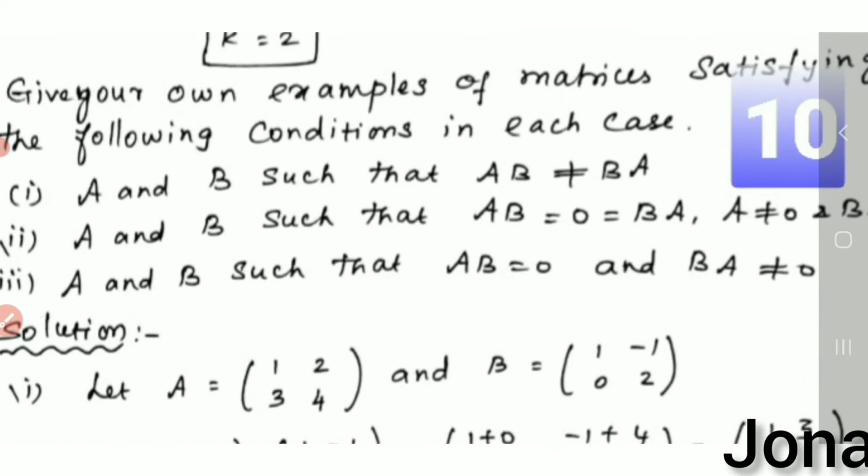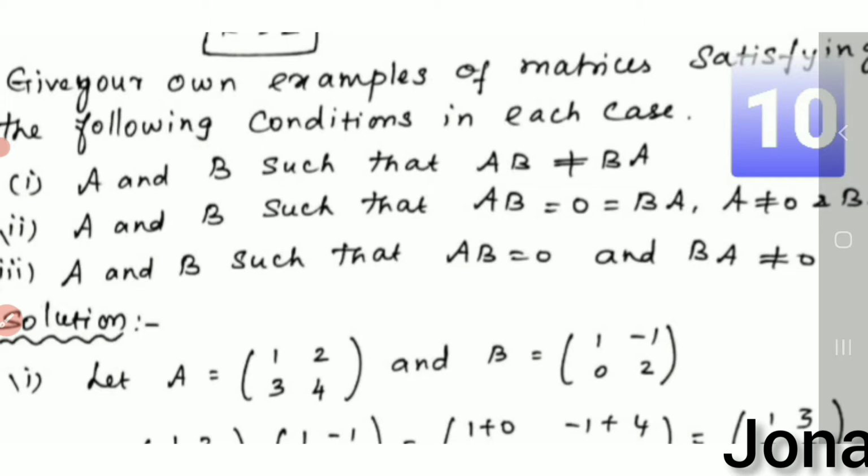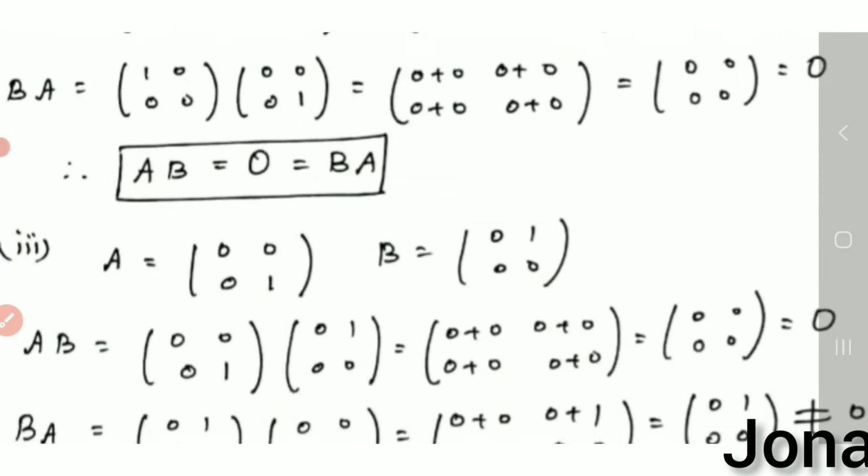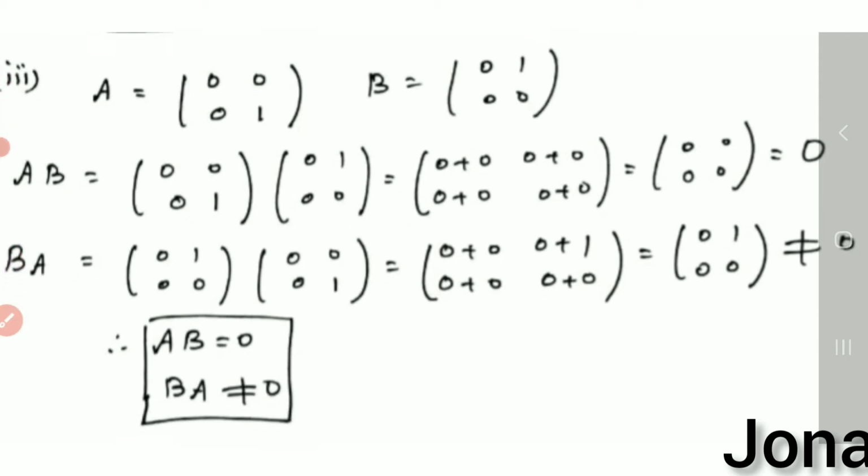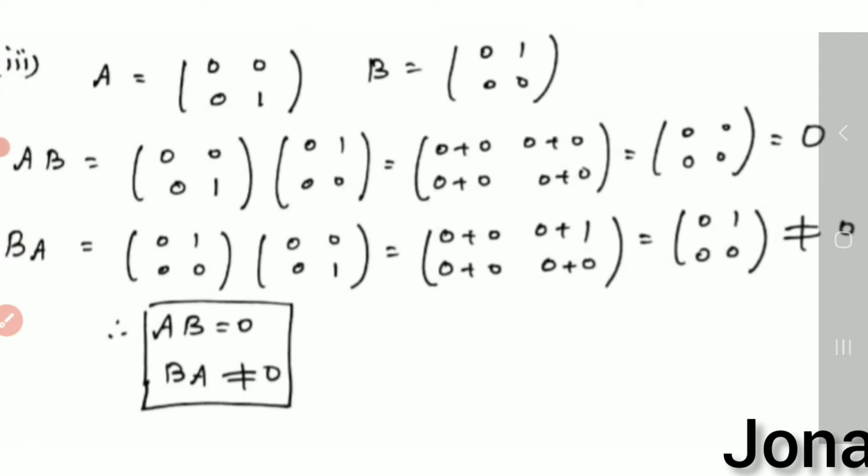The second condition, we have A and B such that AB equal to 0 equal to BA, where A is not equal to 0 and B is also not equal to 0. The second division. Here A is [0, 0; 0, 1], B is [0, 1; 0, 0]. Here we want to multiply, find the value of AB and BA.